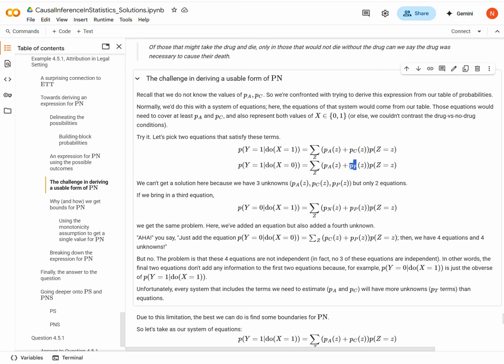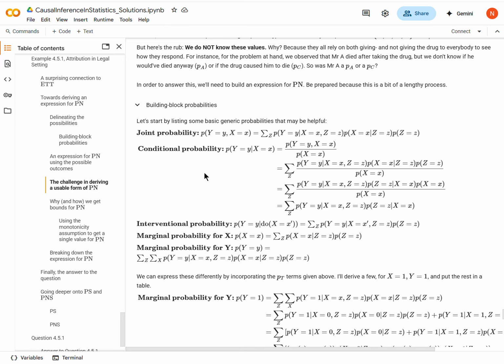Okay, so you think, well then that's fine. We will just simply add another expression right here, because now we have PP, but now we've added a PN. So now we have 4 unknowns. Okay, and so now you think, this is great, because now I just find another expression that has PN, or whatever, so that I pick another equation such that we have 4 equations and 4 unknowns, and we know what our 4 unknowns are.